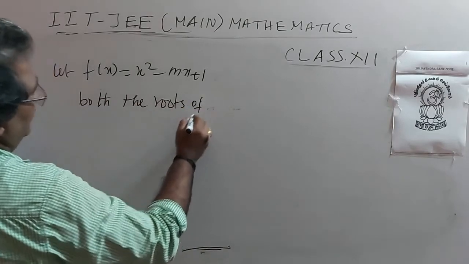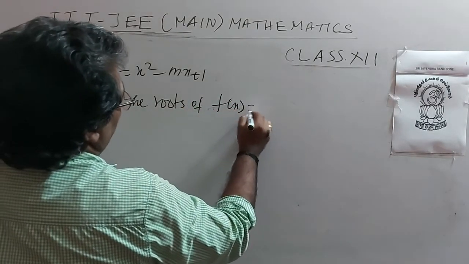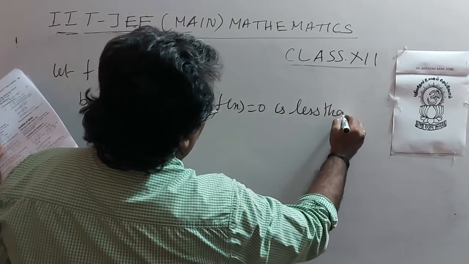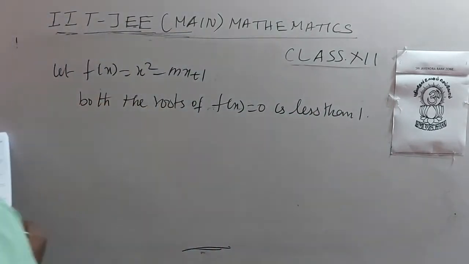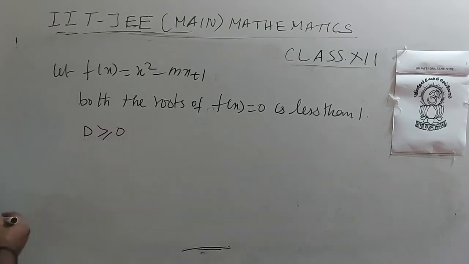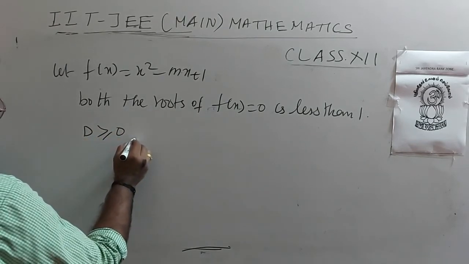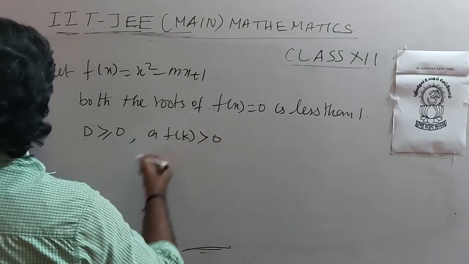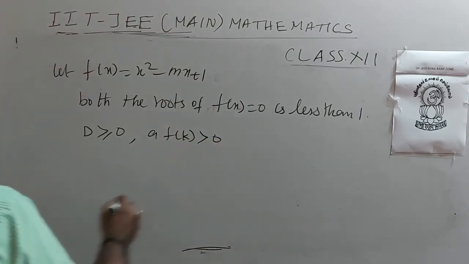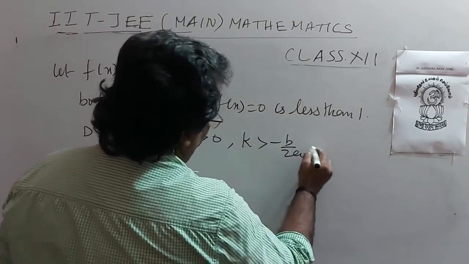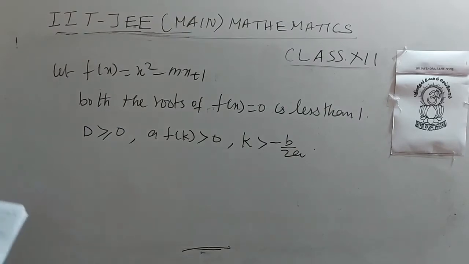Both the roots of f of x equal 0 are less than 1. So D greater than or equal to 0, a into f of k greater than 0, k greater than minus b by 2a.